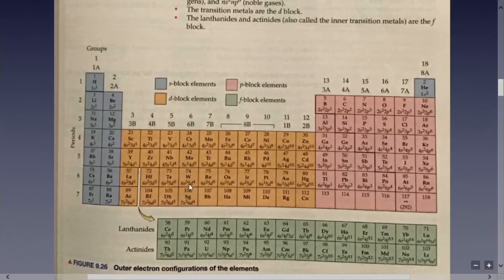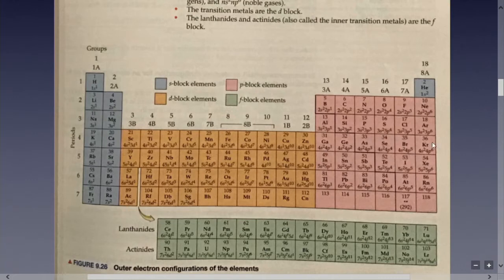Now, basically the way that works is whatever orbital the outermost electrons are in last, then that's going to be the block that element's in. Like magnesium, it's in the S block, so you can guarantee that the last orbital you see in its configuration is going to be an S. And there it is. All these are S.